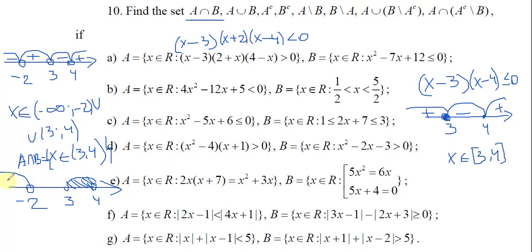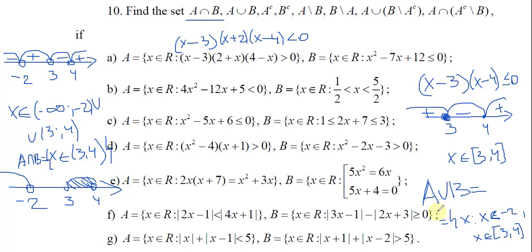And A union B is all of them. So here A union B is such kind of x, two parts, such that x is less than minus 2, and x belongs to 3 and 4 included here, both of them, 3 and 4.